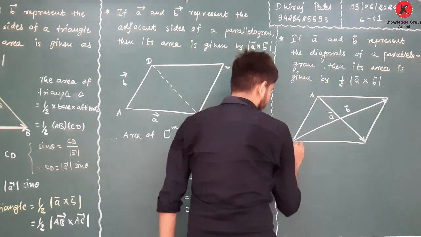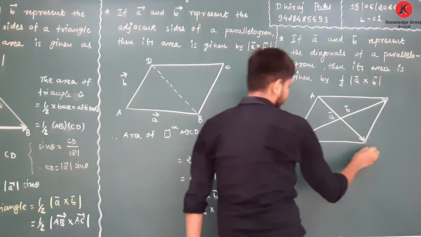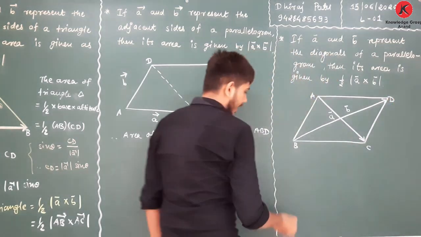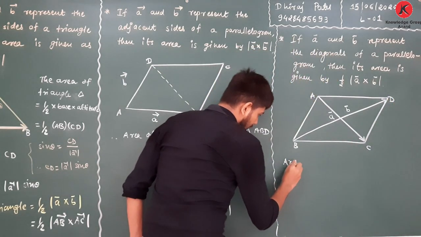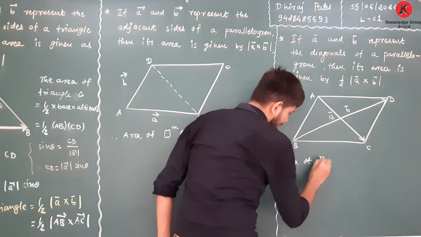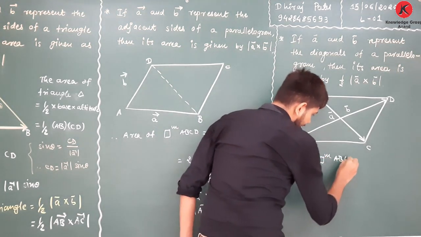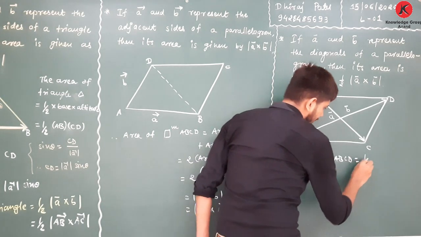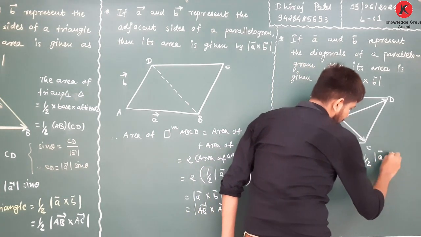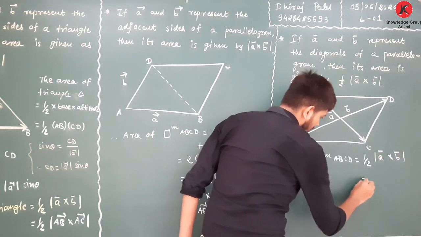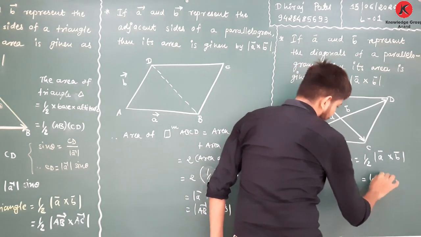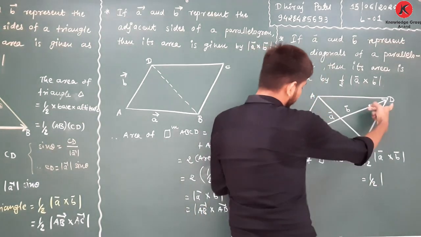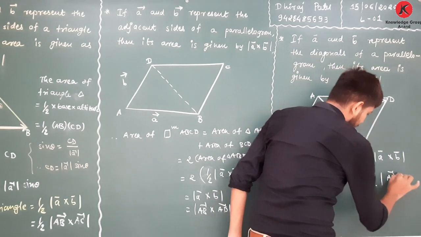Diagonals of parallelogram ABCD are given. Then the area of parallelogram ABCD equals half A bar cross B bar. We can also say that half vector AC cross vector BD.